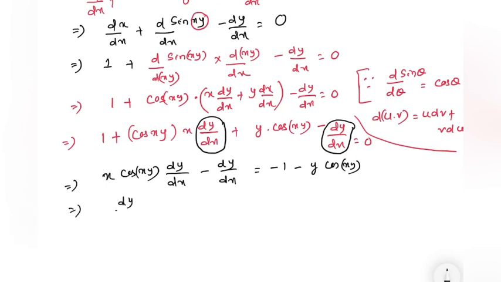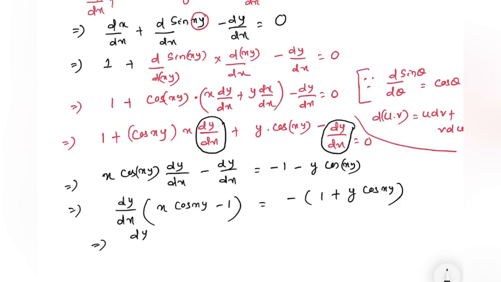Here you can take dy by dx common. You have (x cos xy minus 1), and this will be minus of, if you take 1 common, 1 plus y cos xy.